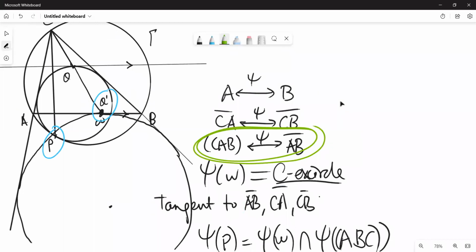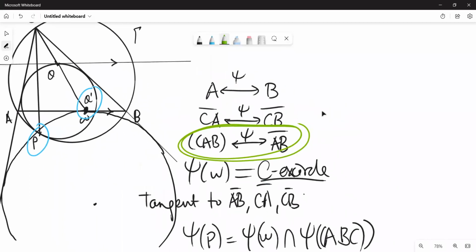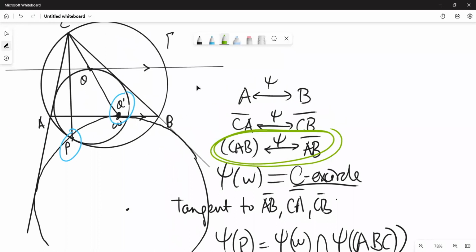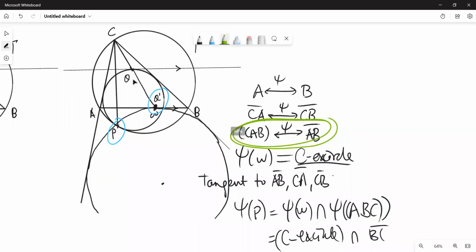Does that make sense? May I know why it does not reflect at angle bisector of C? It does reflect. Okay, I get your point. So you mean omega and the CX circle, right? Well, actually they do.